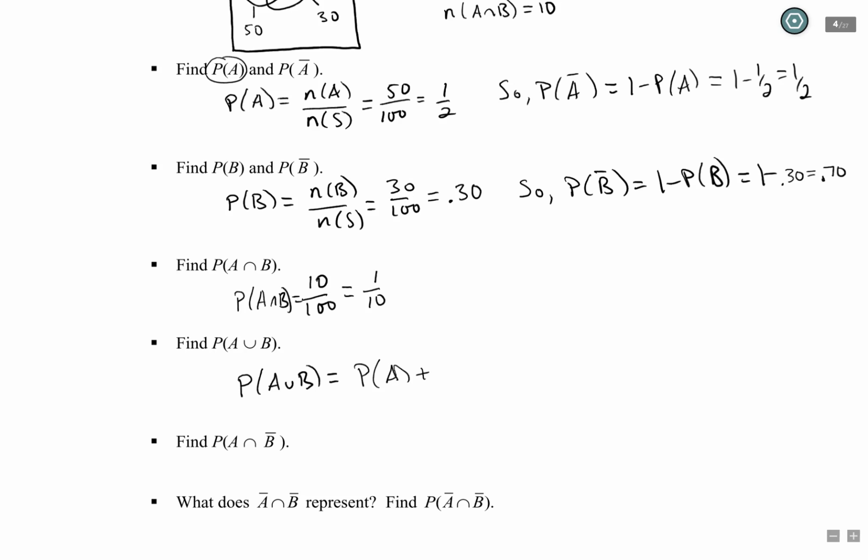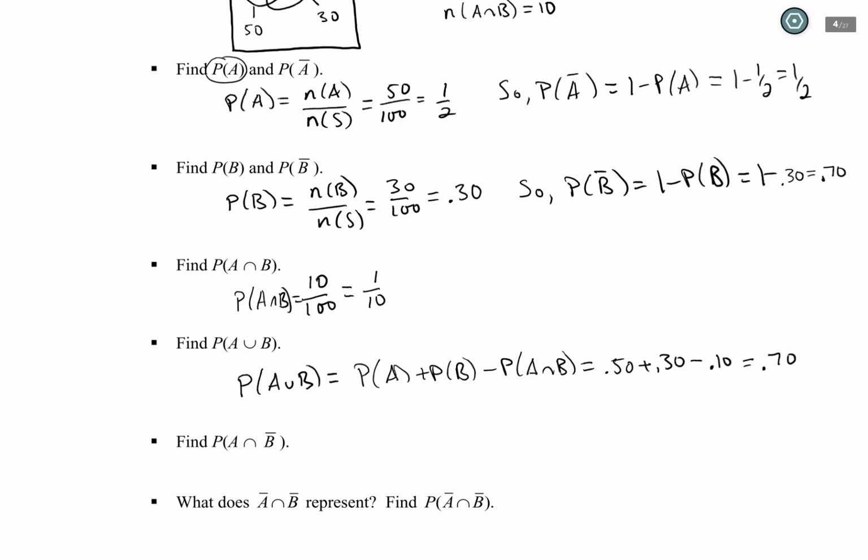P of A plus P of B minus P of A intersect B. That is, we got this already to be 0.5 plus 0.30, then minus 0.10, that's the intersection probability. So we get here 0.70. All right, that's one way to do it.